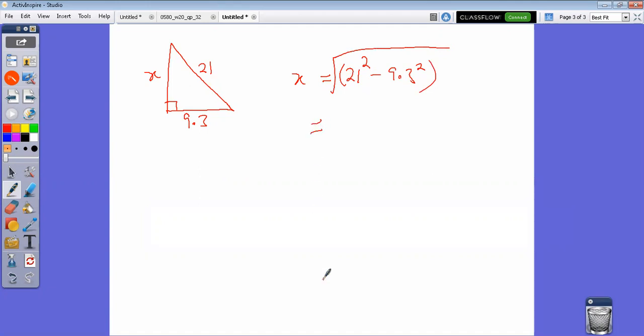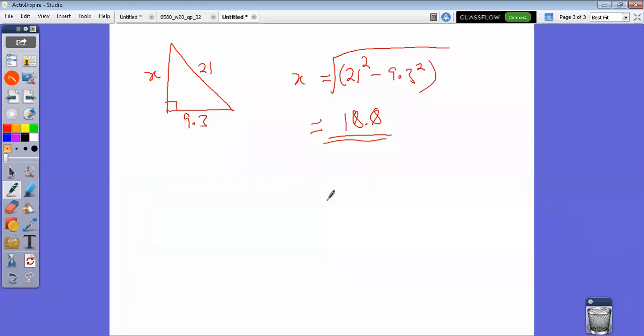Are we together? That's the easiest part. What do you get? 18.8. That's the easiest part. So that's all Pythagoras. That's all you need to know.